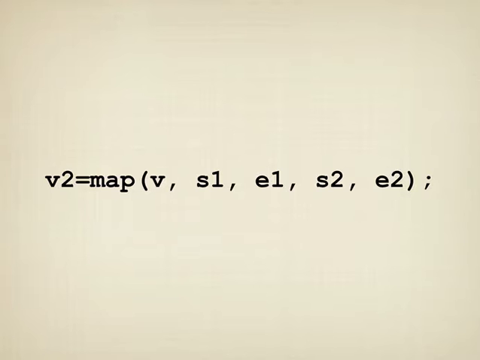Those are followed by S2 and E2, the starting and ending values of the second range. What comes back is the value V2, the number between S2 and E2 that is in that range in the same place that V is between S1 and E1. Everything here is a float or an int.